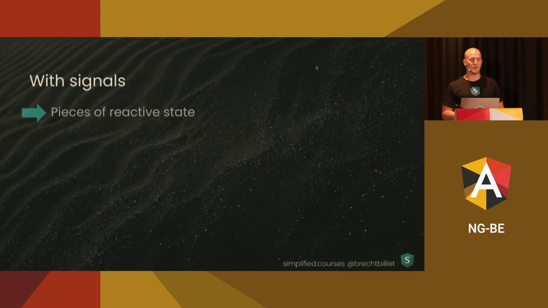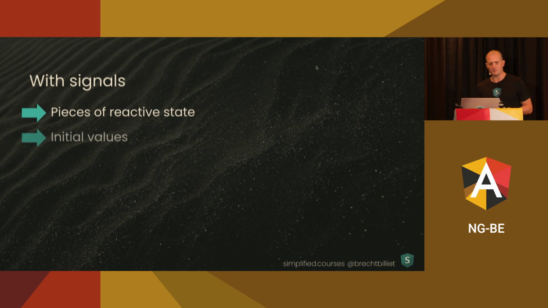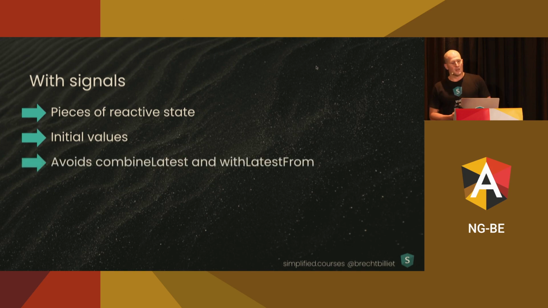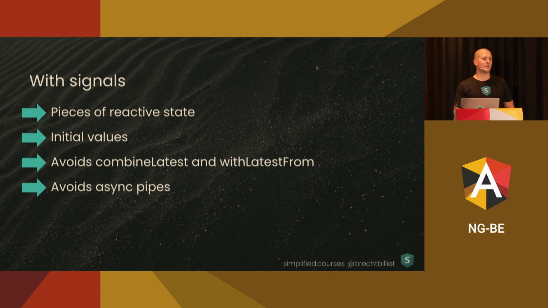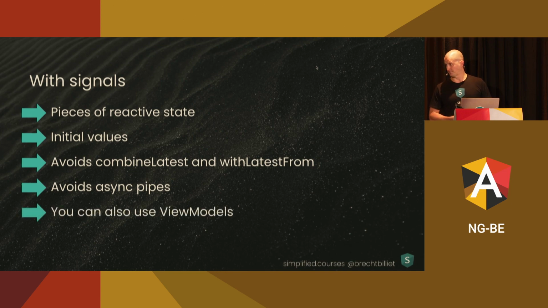So with signals, you have pieces of reactive state, and that's exactly what we have just done. With signals, you have initial values, and again, that is also what we have done. In signals, you avoid combineLatest and withLatestFrom. That's kind of what we did as well, especially with the snapshot. And with the signals, you also avoid async pipes, and that's why we're using these view models.